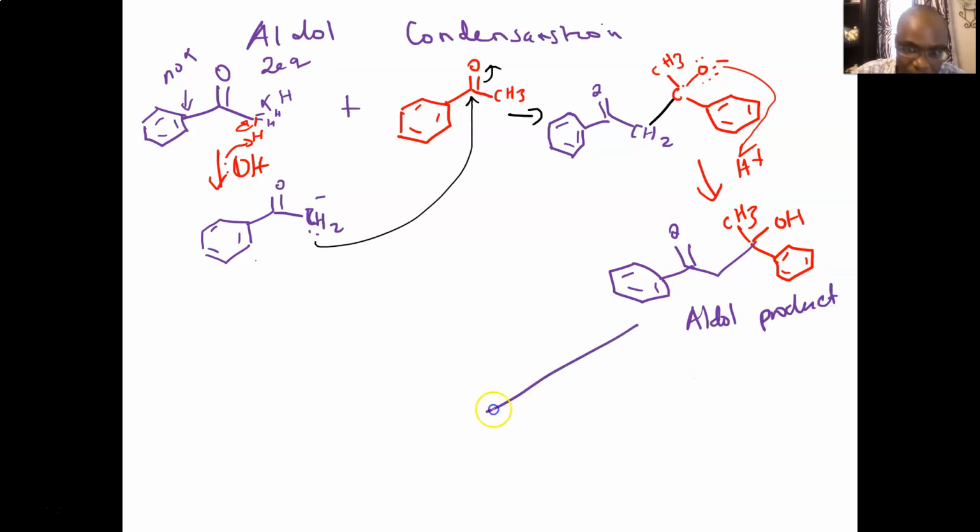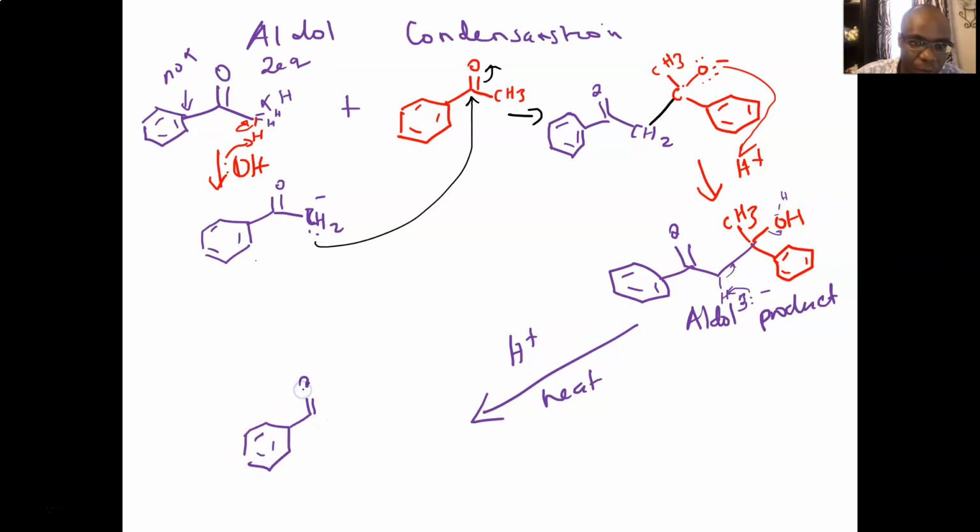Now, if you take the aldol product one more step, heating in the presence of an acid, this OH will go after base takes out this hydrogen, you make a double bond. The OH will leave as water, because this H plus will be put onto this oxygen, so this leaves as water. So in that case, you'll get a double bond.